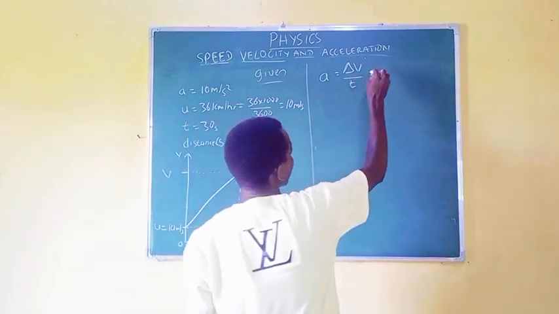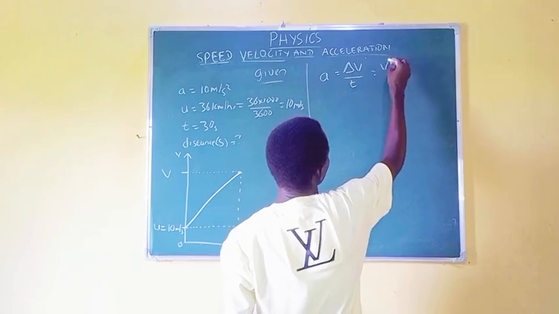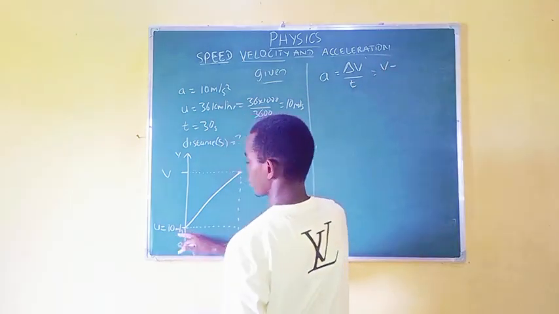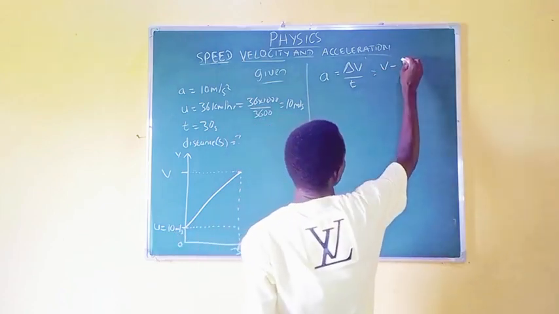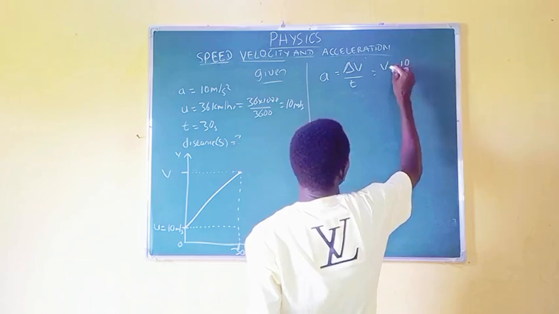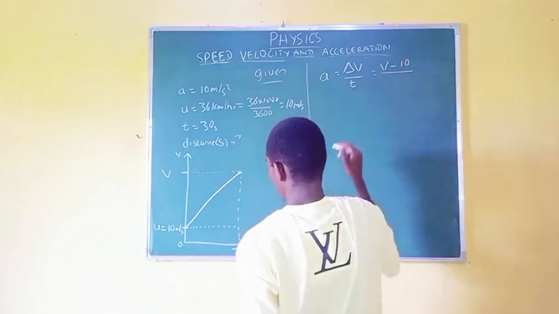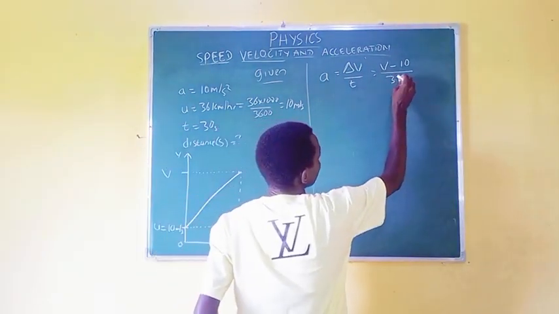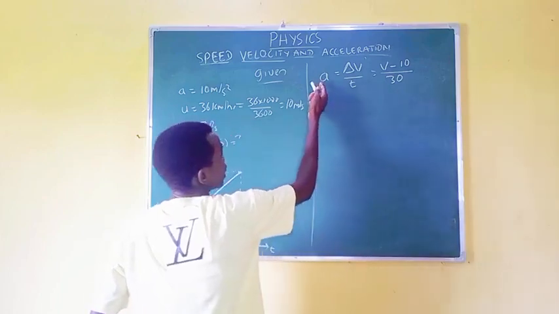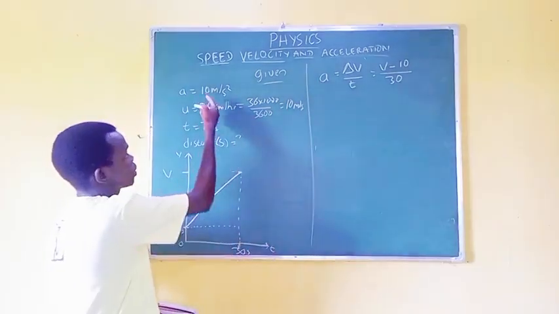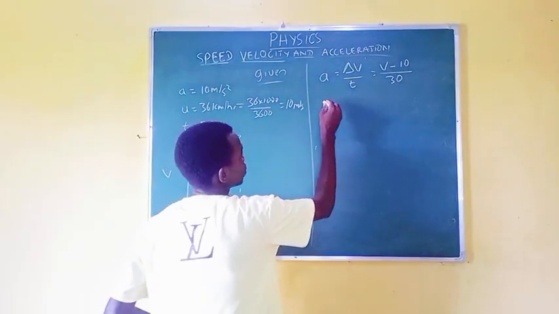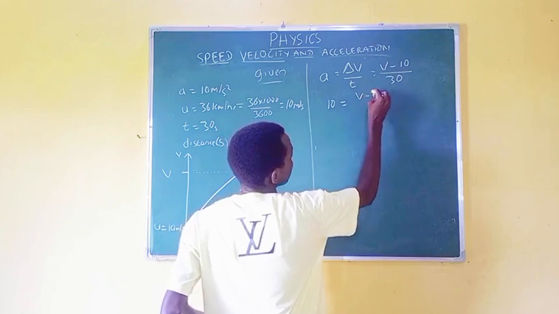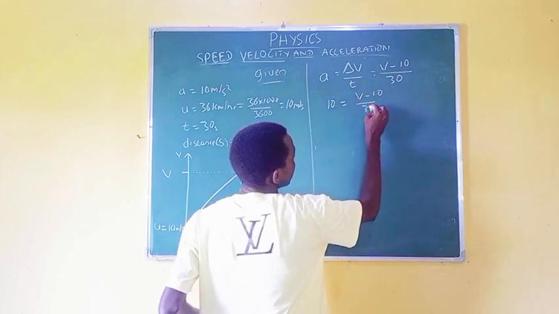I know the final velocity is not given. Final minus initial. Initial is 10 meters per second over the final time, which is 30 seconds. And acceleration is given as 10 meters per second square. So acceleration becomes 10 is equals to v minus 10 over 30.